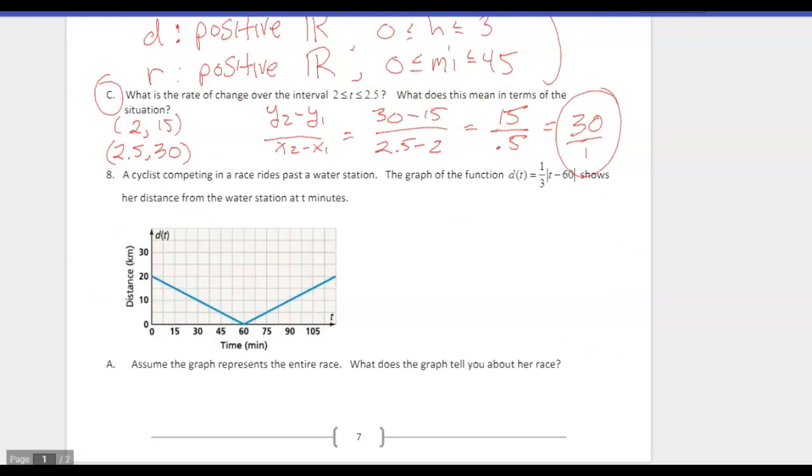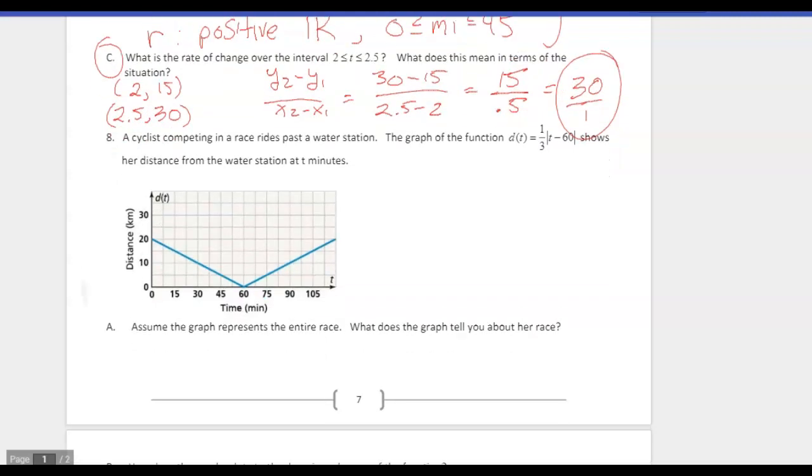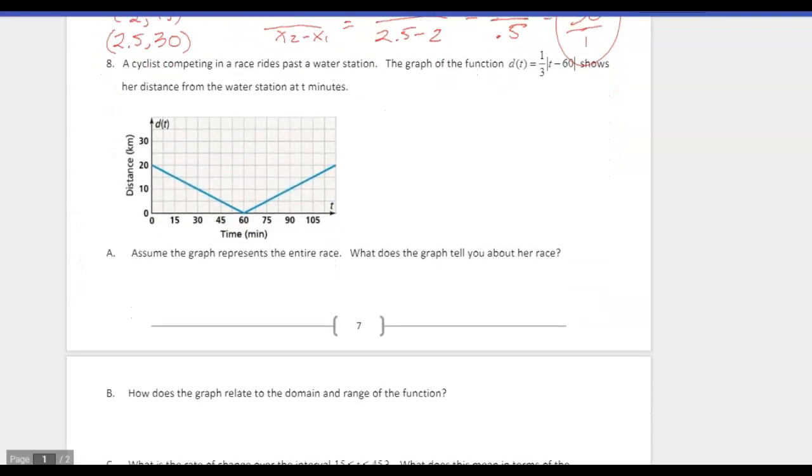Now they're talking about competing in a race. It rides past a water station. And this is the distance from the water station. So assume the graph represents the entire race. What can you tell about the race? We'll probably give a couple details there.